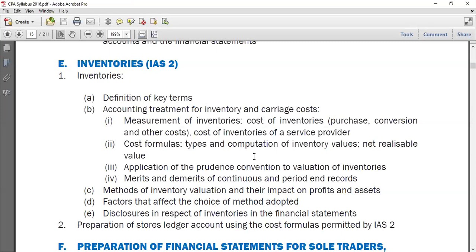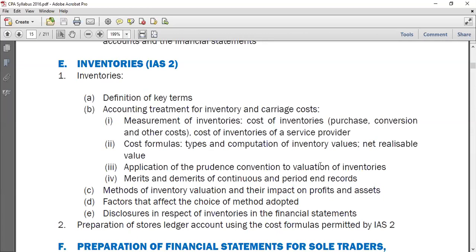Now, from the examination perspective, the examiners often find ways of examining your understanding of inventory. This has to do with either defining inventory, how to treat items of inventory, things like carriage costs, how to measure inventory, what is net realizable value and so on, and the impact of inventory on profit and assets.